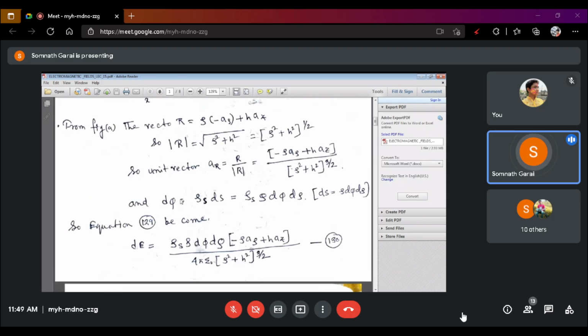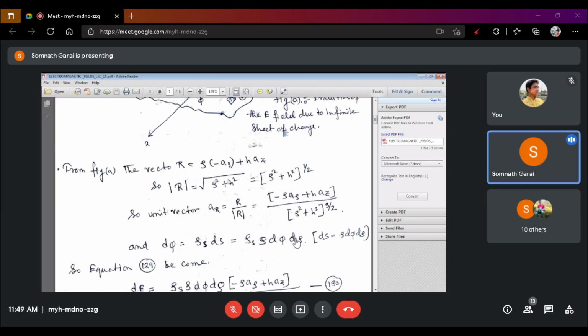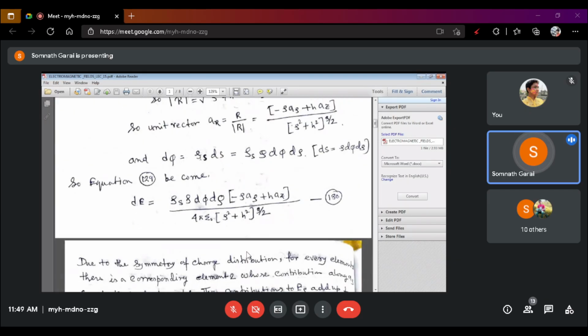If that is the dq, the differential charge, then dq will be the differential area, expressed by ds, multiplied by the charge density, that is rho s. That's why dq is equal to rho s into ds. Got my point? Yes, sir.